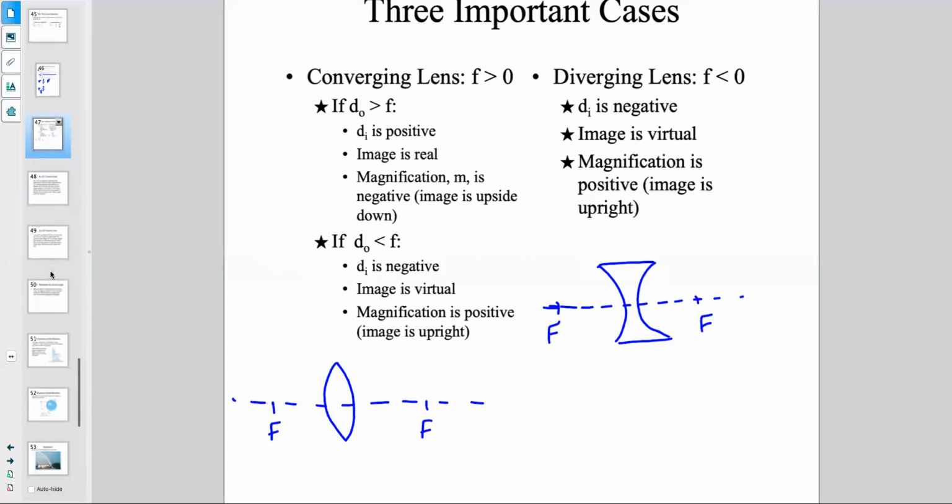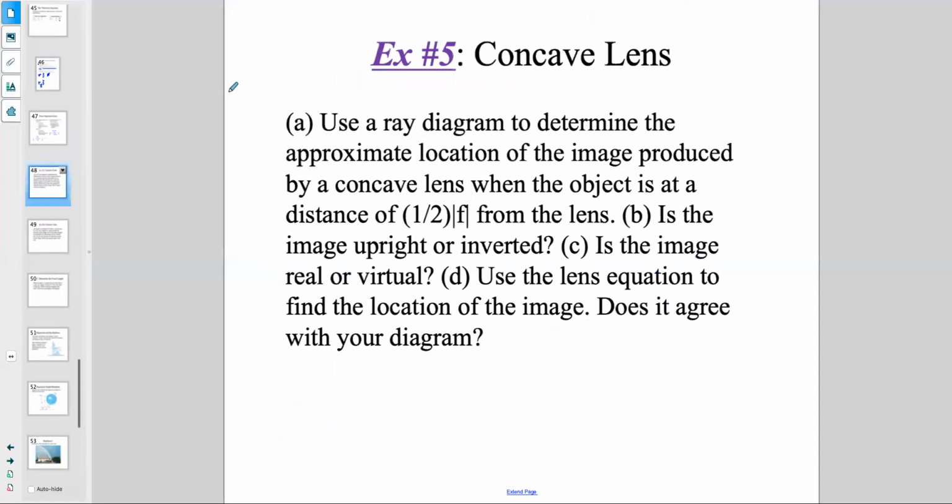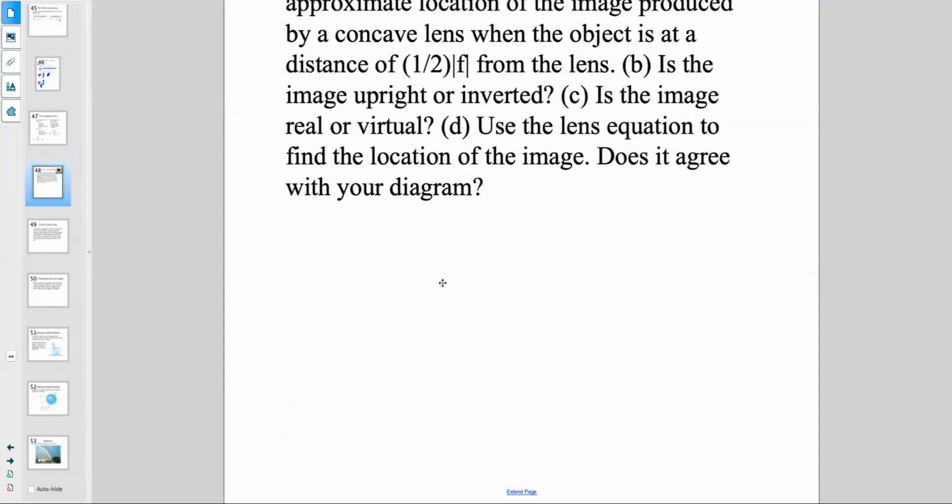So with all of that being said, let's take a look at example number 5. Use a ray diagram to determine the approximate location of the image produced by a concave lens. So we have a concave lens. Okay, let's do a double concave lens.